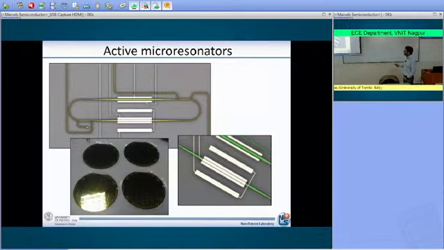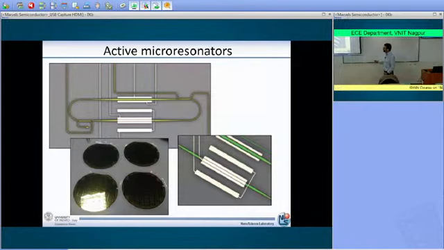And therefore, instead of having a purely passive, only silicon device, you can make an active microresonator. Here is an example. So you have your microresonator here. You have the side waveguide that is coupling here. You have another waveguide that is coupled there. And then what you see here, the white stripes, are metallic lines. And those white stripes are used in order to make either a PN junction, like in this case, or thermal heaters.